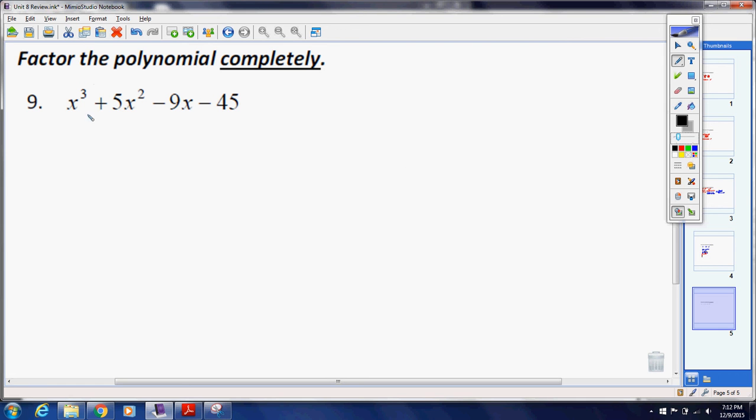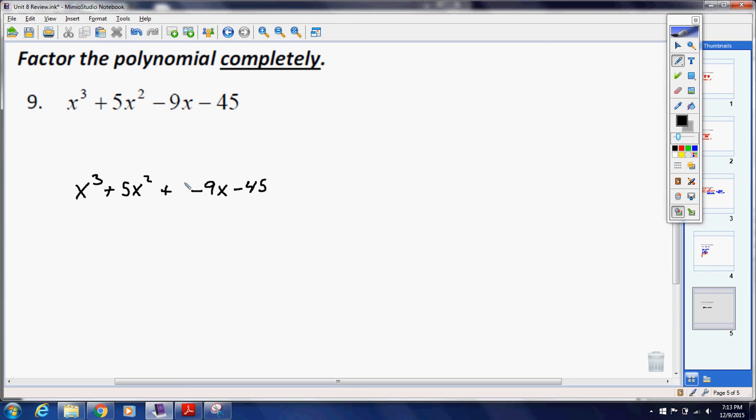Okay, same thing. I'm going to find some sort of common binomial that I can factor out of this here. I'm going to rewrite this x cubed plus 5x squared, and then I'm going to say plus a negative 9x, and this is pretty much my preference.